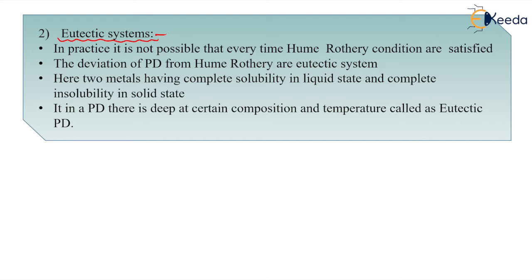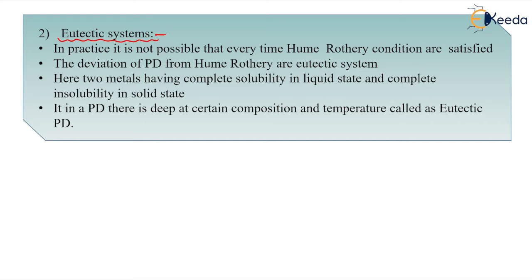So dear students, we have seen the Hume-Rothery rules for the solid solubility of two elements, isn't it? But in practice it is not possible that the Hume-Rothery rules are satisfied every time.